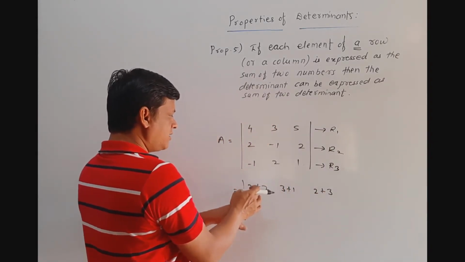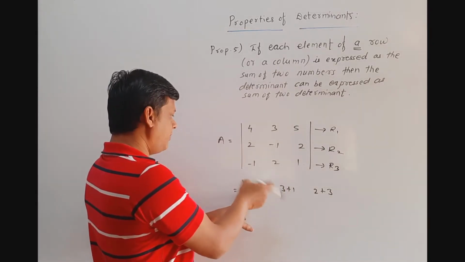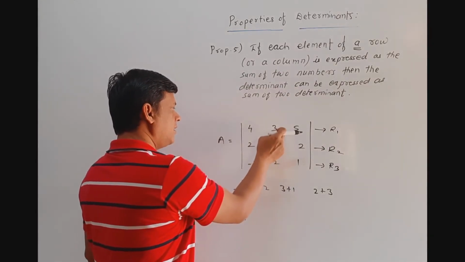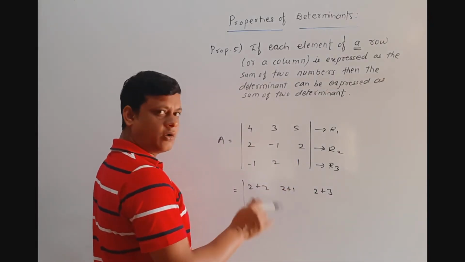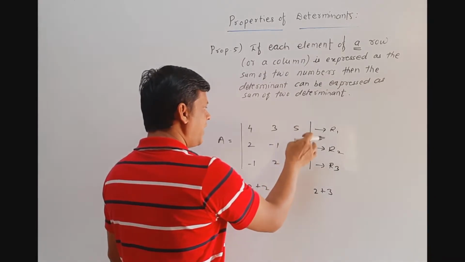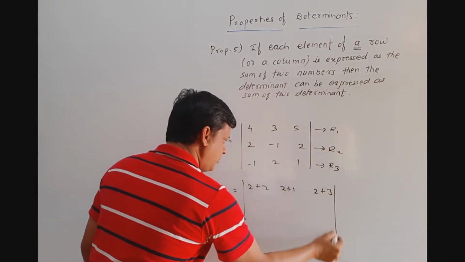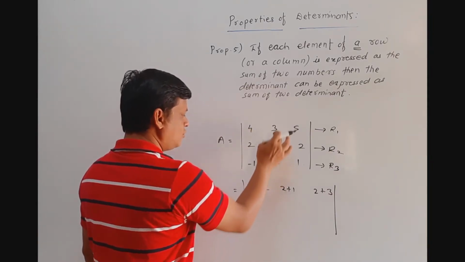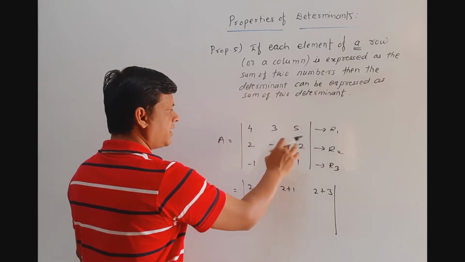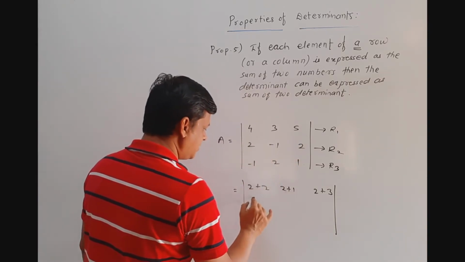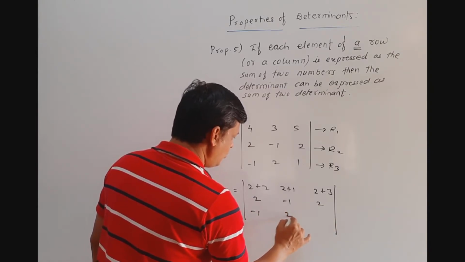You can also take this 4 as 3 plus 1 or 1 plus 3, this 3 as 2 plus 1 or 1 plus 2, and this 5 as 4 plus 1 or 2 plus 3. Now suppose we write this 4 as 2 plus 2, 3 as 2 plus 1, 5 as 2 plus 3, and keep the second row and third row elements as they are: 2, minus 1, 2, minus 1, 2, 1.